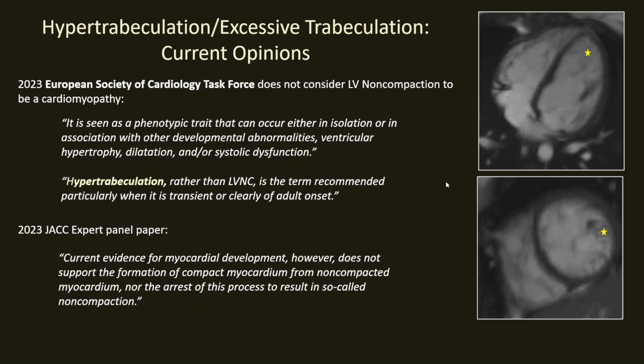Hypertrabeculation is the preferred term, and that's what these two guideline papers are talking about. There are separate criteria for RV prominent hypertrabeculations. The easiest that I find is, if trabeculae are almost 50% of the septum, then we should think about the right ventricle also being involved with hypertrabeculation.